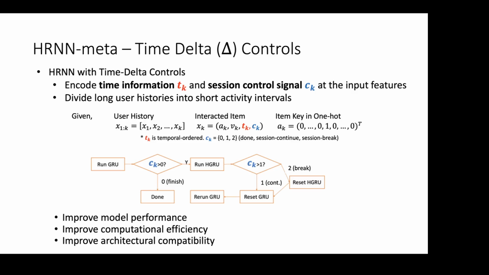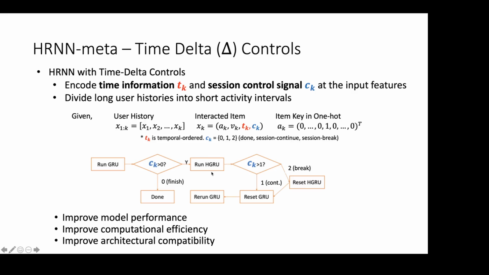And they claim that it improves architectural compatibility, which means that instead of using GRUs, they can use LSTMs or transformers or some other RNN models as the base model of this HRNN meta. They use this control signal to efficiently run this algorithm.